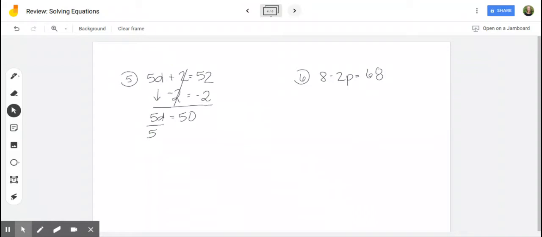I'm dividing by the number I'm getting rid of. So I'm dividing by a 5. But if I do it to one side, I have to do it to the other. Okay, 5 over 5 is 1. Okay, and we know 1D is the same as just D. And 50 divided by 5 is 10.